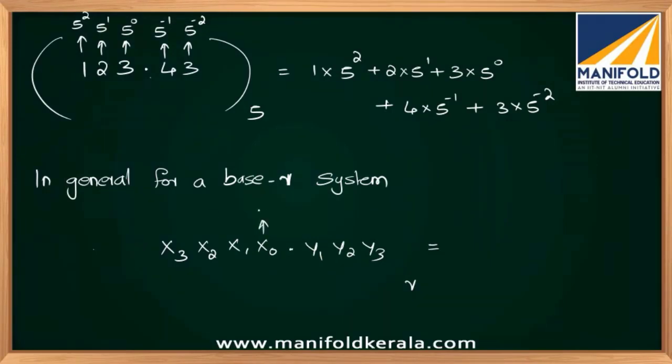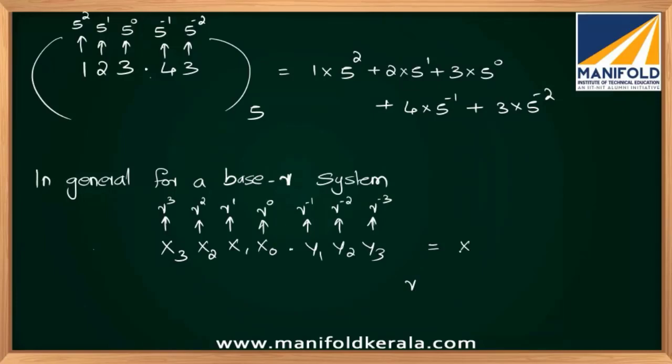The positional weight of the digit just left of the point will be R raised to 0. The next will be R raised to 1, then R square, then R cube. To the right of the point, the weights will be R raised to minus 1, R raised to minus 2, R raised to minus 3, and so on. You multiply each digit with its positional weight.